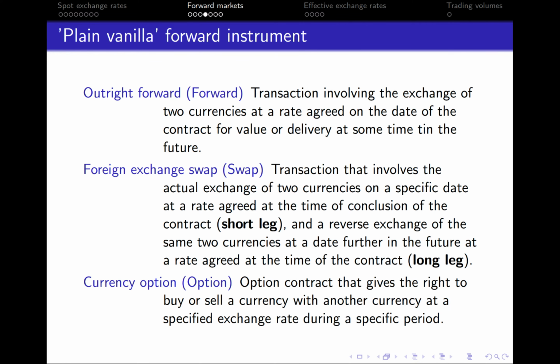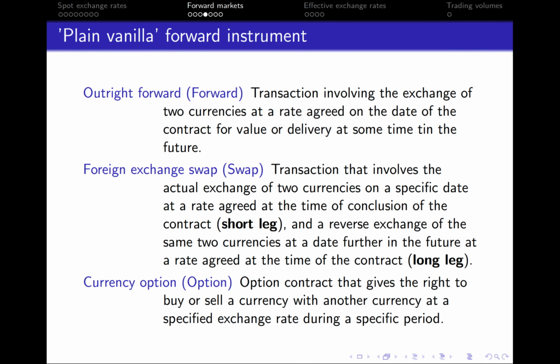But now let's just describe some of the most commonly used forward instruments. Okay, now those instruments that I'm going to describe to you right now are called plain vanilla, because those are the simplest instruments, and in a different subject like investment analysis or finance, you will learn about more complicated instruments like derivatives.